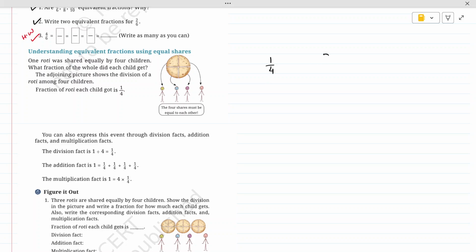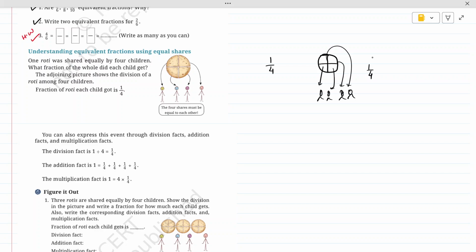We know this is one complete roti. This has to be divided among 4 children. Let me make children like this, and then we divide it into 4 equal parts. So every kid will get 1 by 4 share from this roti. Okay, 1 by 4 to each kid will be given.